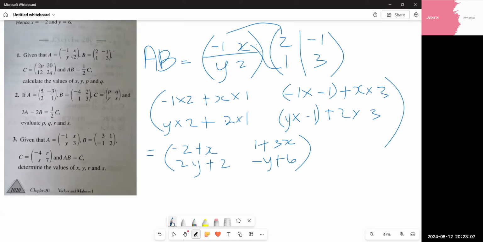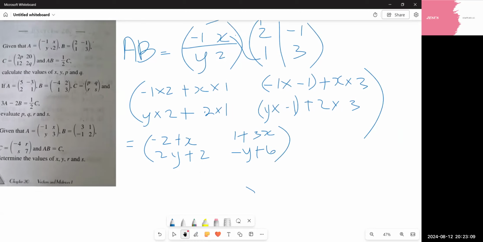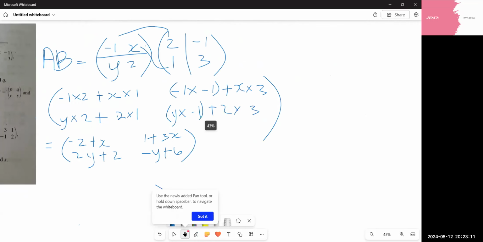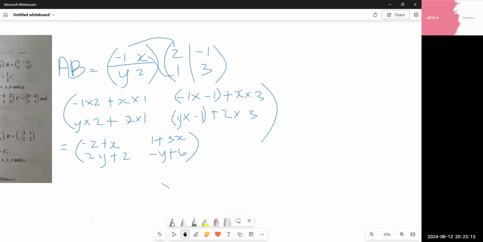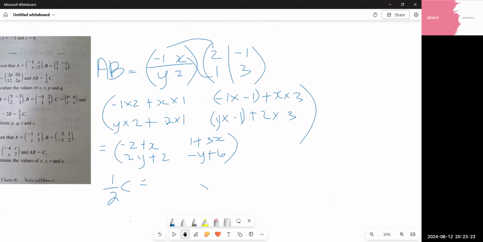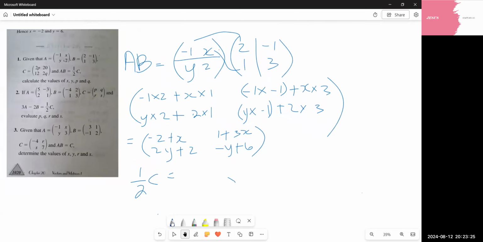Then now we need to work out the other side of the equal sign, which is half C. Half C means half of everything that's in the matrix C. So I'm just going to do the half.